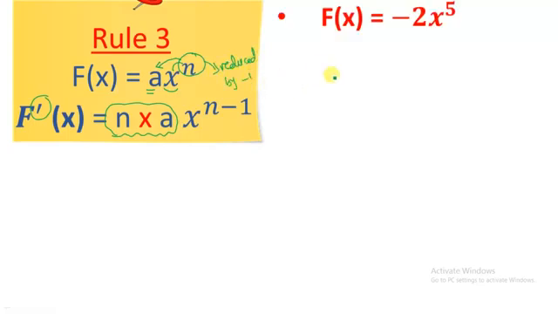For example, if I have the function f of x equals minus 2x to the power 5, number, variable, power. What is the derivative in this case?